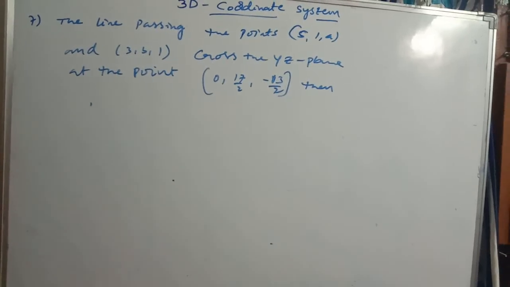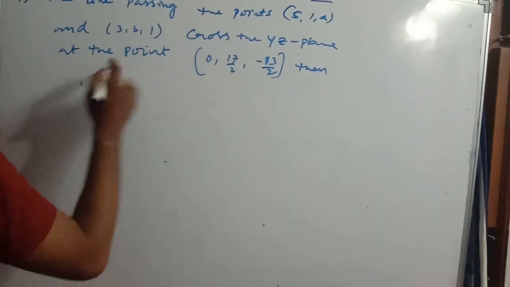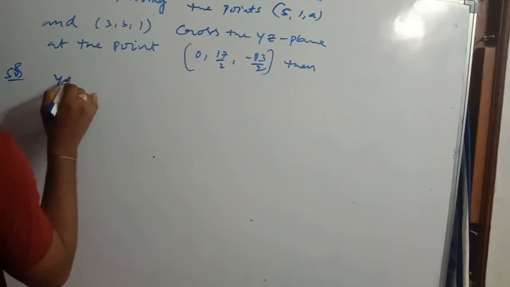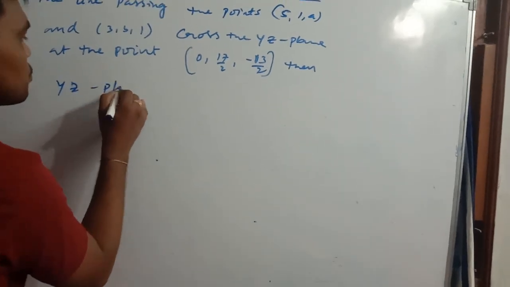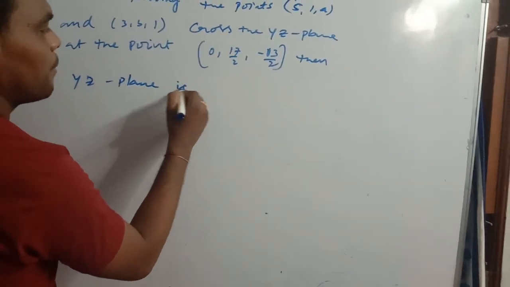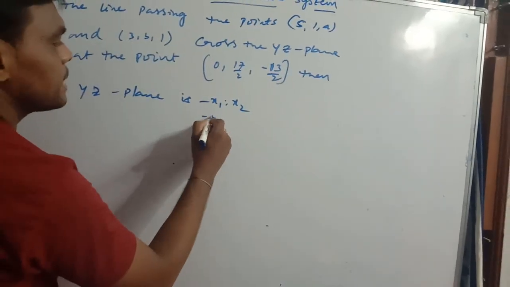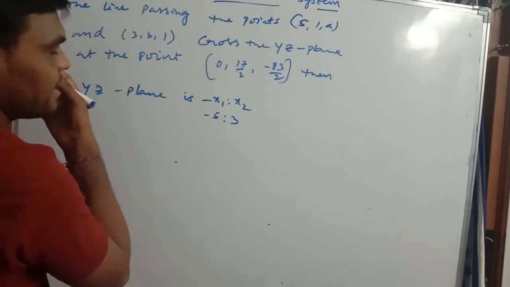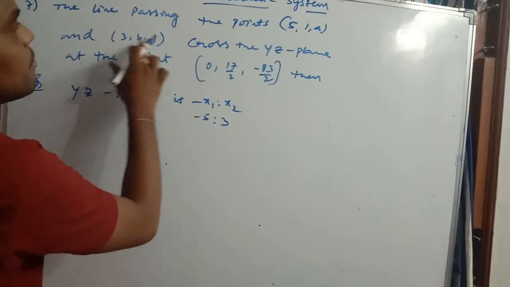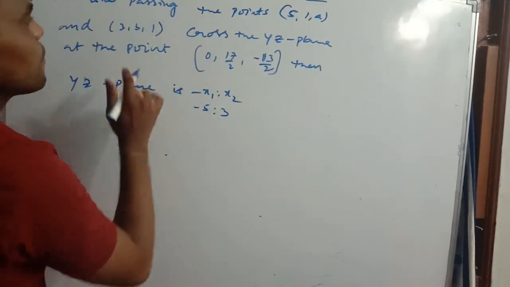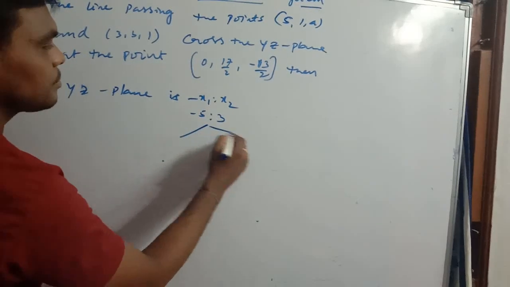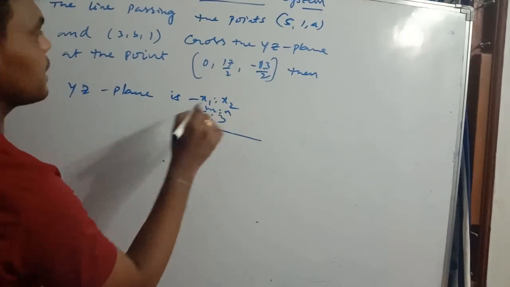Now here, first the line crosses the YZ plane in the ratio minus x1 is to x2. Now here x1 and x2, this is minus 5 is to 3, and here it divides the line passing through the points 5, 1, A and 3, B, 1. Now this is m is to n.